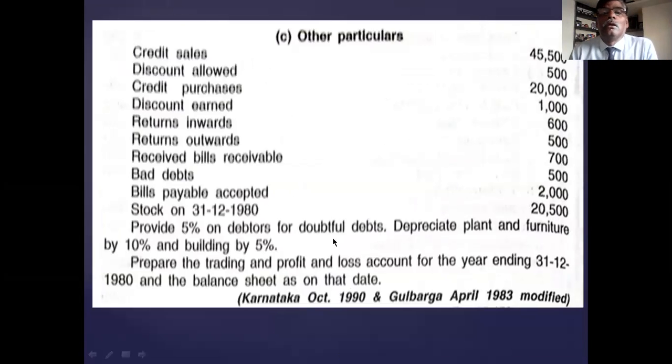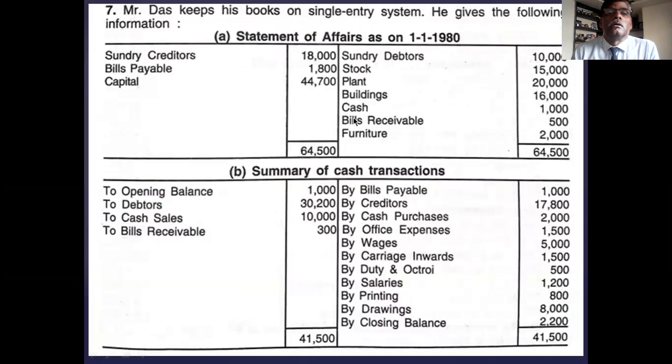Now, regarding missing information, first statement of affairs is given. Second is cash book, that is also there. Then third requirement is debtors account, creditors account. And regarding debtors and creditors, bills receivable and bills payable information is there in the problem.